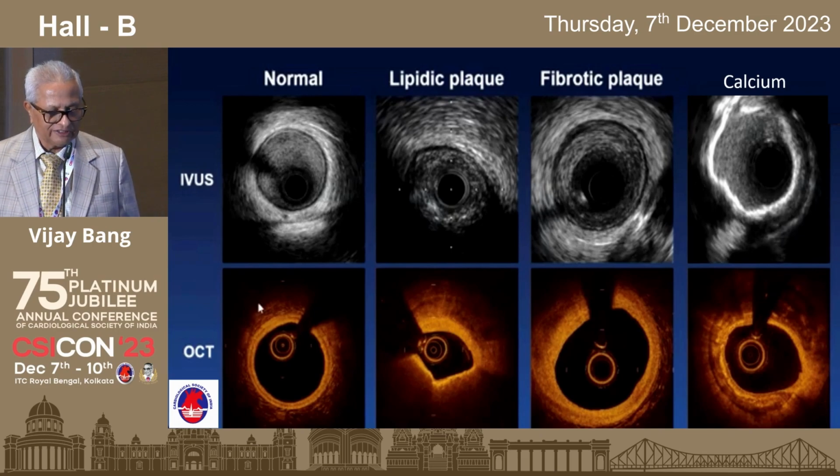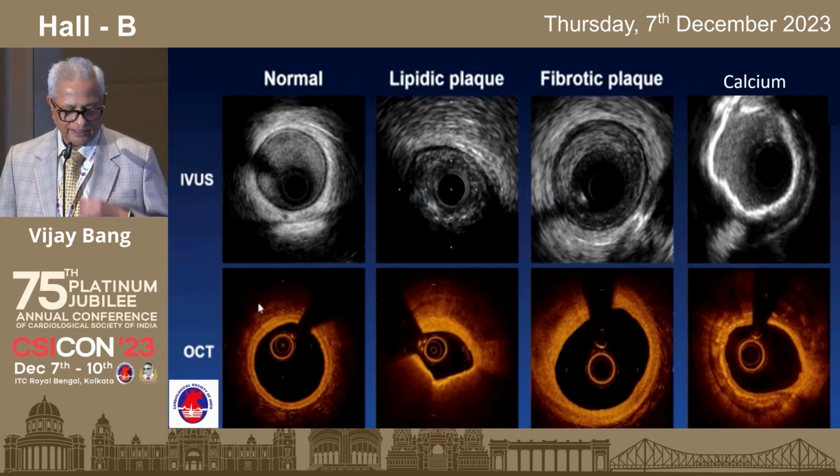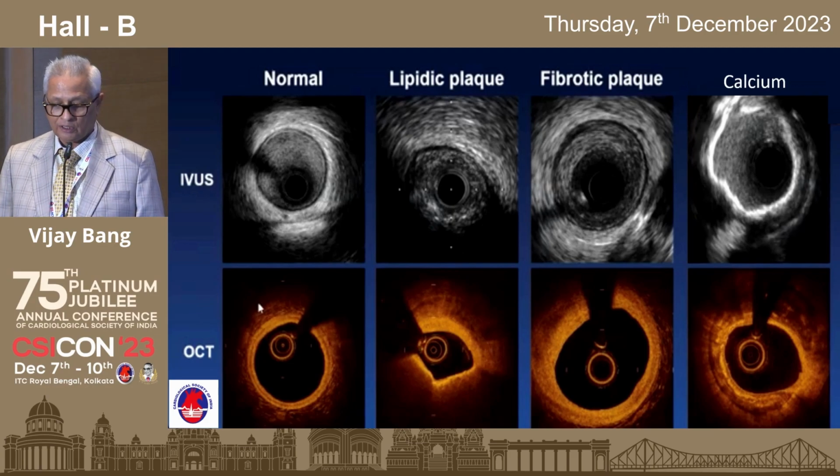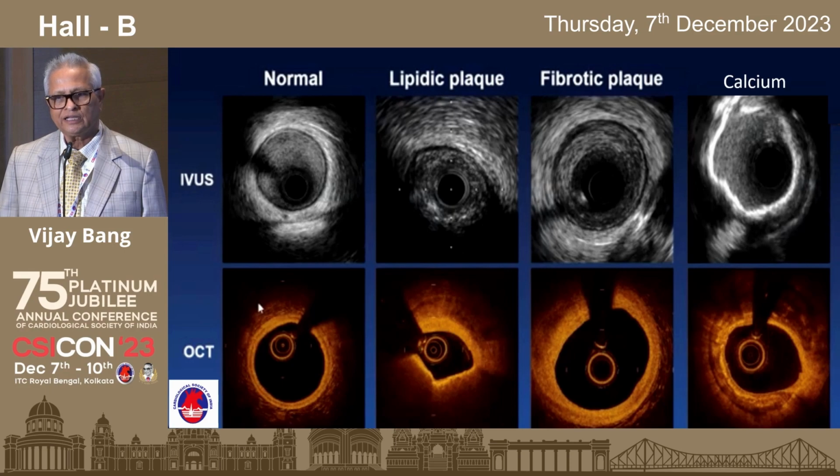So basically we see these pictures, the IVUS picture and the OCT picture. If you want the surface to be seen very clearly, sometimes in a few patients you need to combine both IVUS and OCT, especially if you are unable to gauge the calcium depth. Calcium depth is best gauged by OCT, not by IVUS.